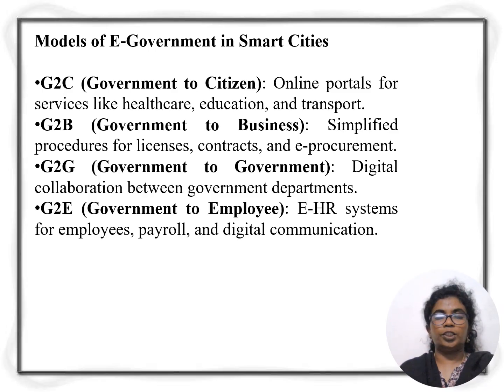Third one is G2G, government to government: digital collaboration between government departments. G2E, government to employee: HR systems for employees, payroll and digital communication. These are all the models of e-government in smart city.